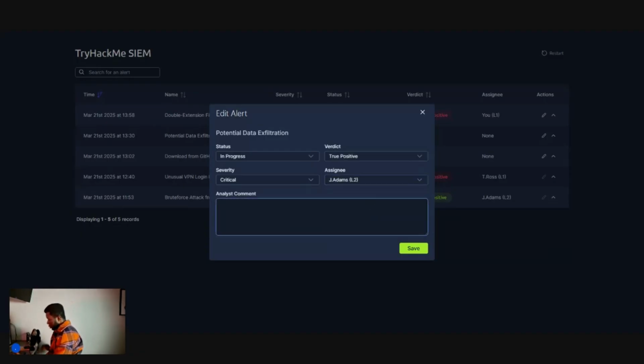Now you can add your comments. You can say, the potential data exfiltration needs immediate attention.